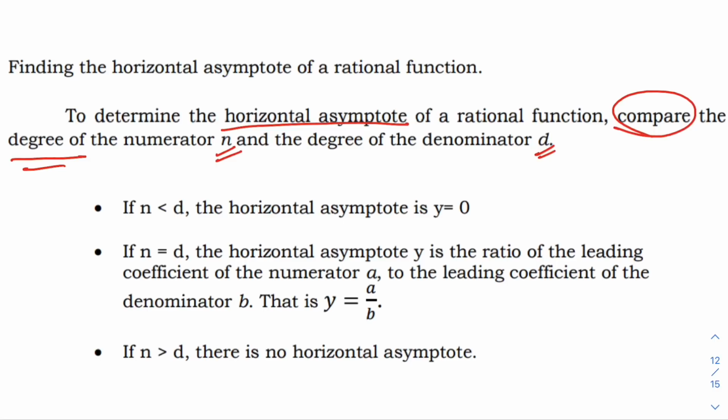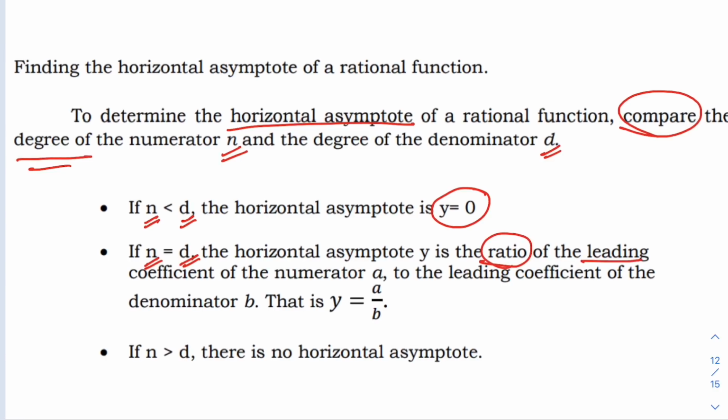Okay? So, sabi dito guys, if the degree of the numerator is less than the degree of the denominator, the horizontal asymptote is y equals 0. Okay? Next, if the degree of the numerator is equal to the degree of the denominator, sabi dito, the horizontal asymptote y is the ratio of the leading coefficient of the numerator and the leading coefficient of the denominator.